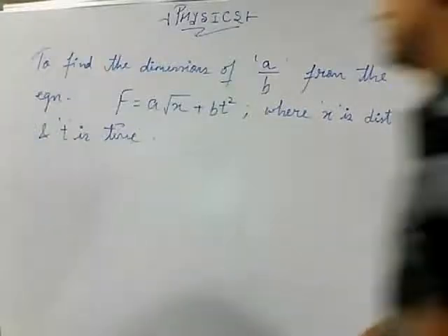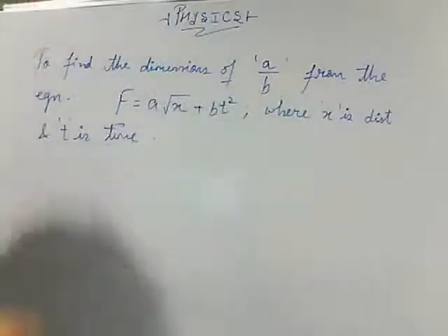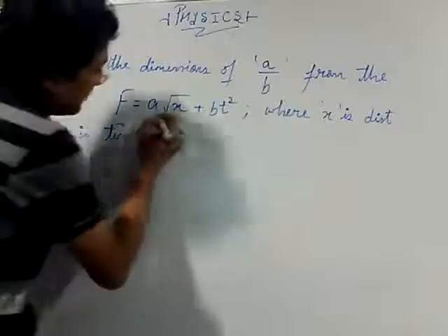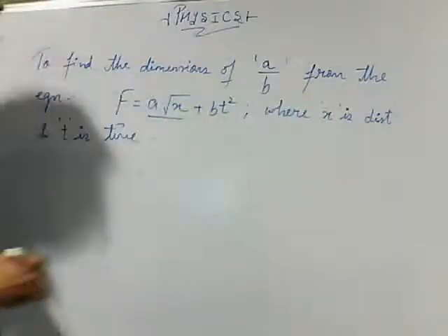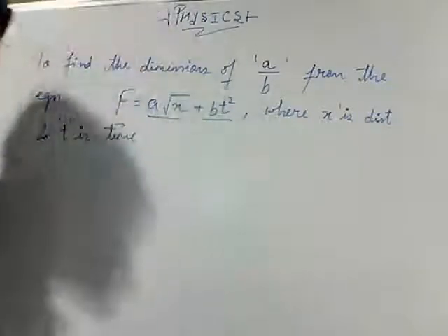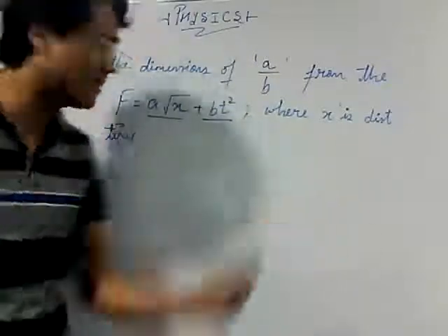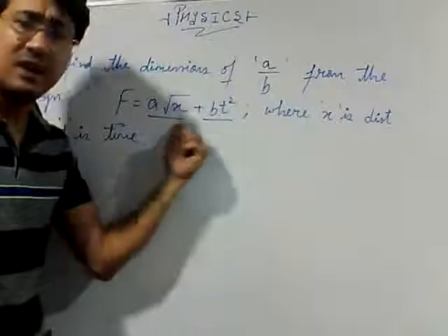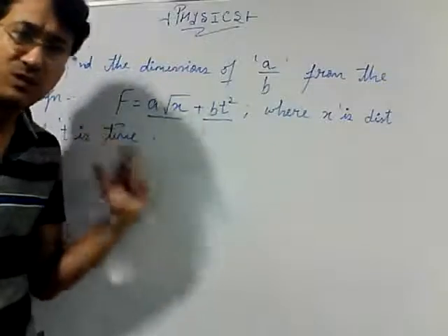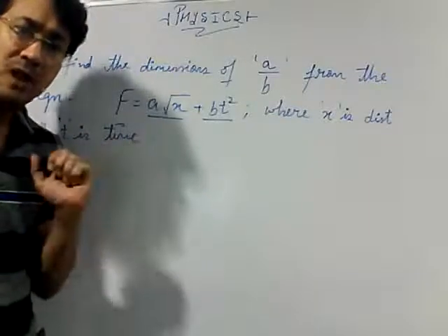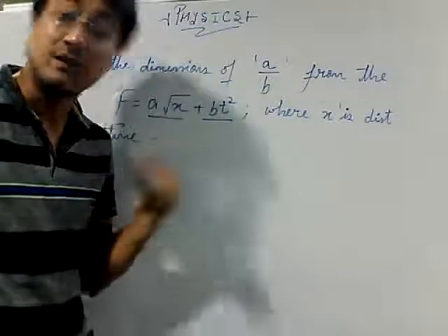See, remember, the concept that we're going to use is that A root x is added to bt square. Let's just assume that the unit of A root x is meters. So what will be the unit of bt square? Meters.